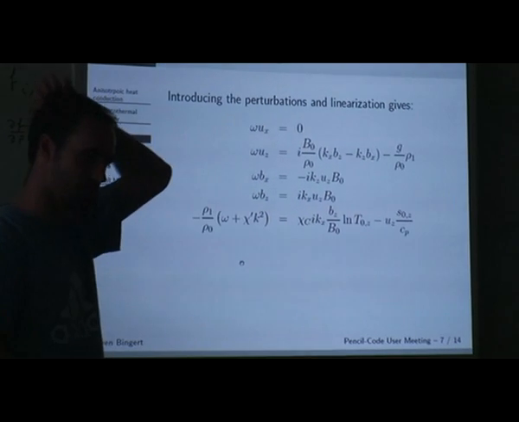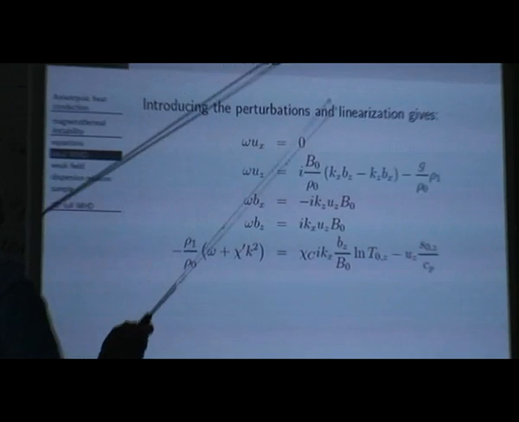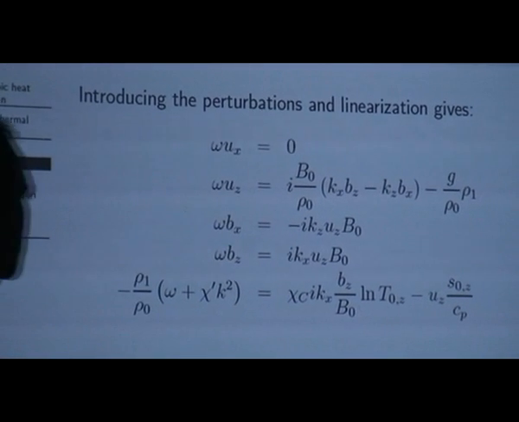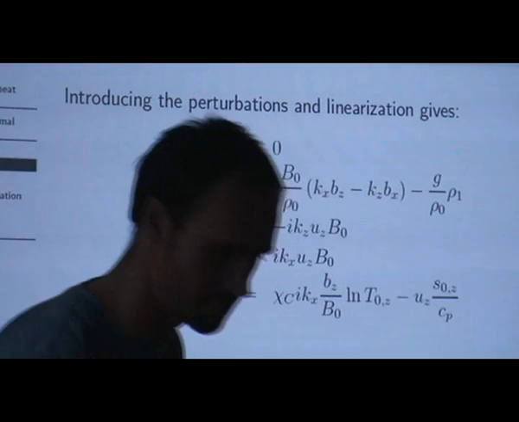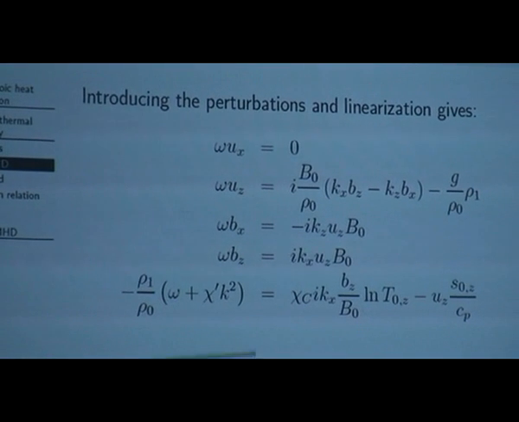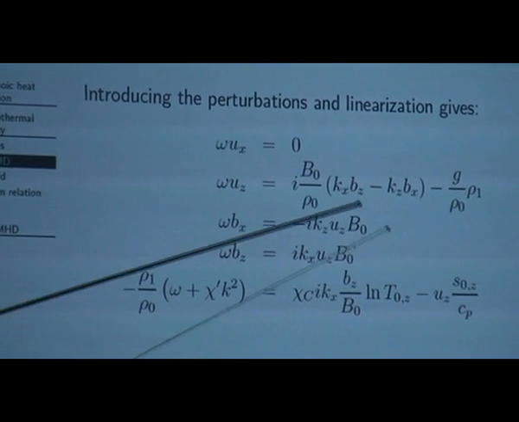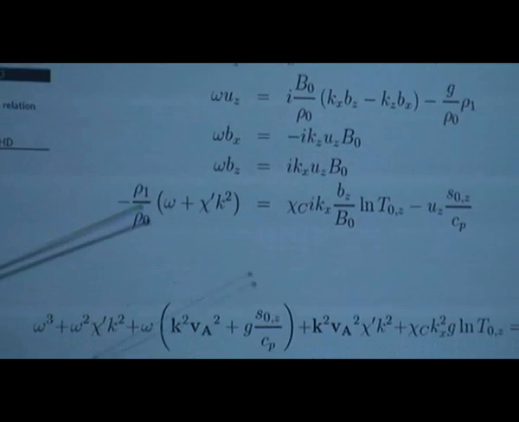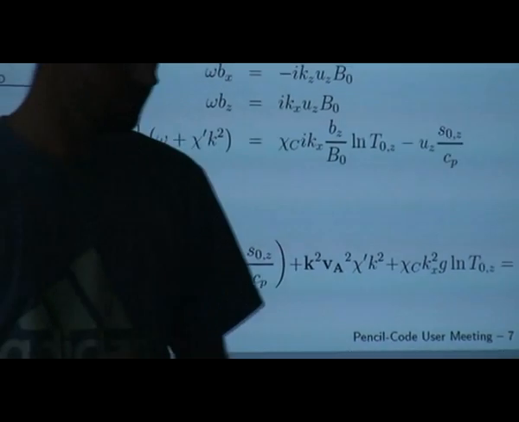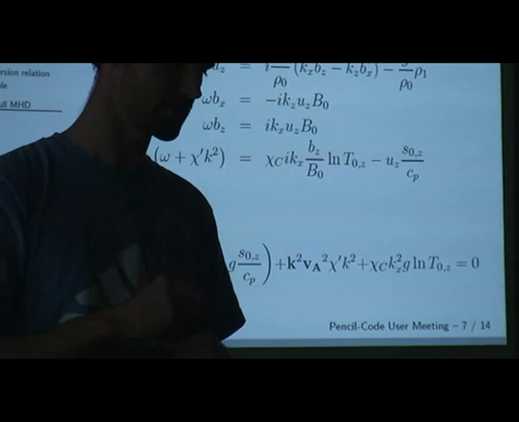Okay, you linearize the equations. You get these, with omega as frequency, and you get this set. You can try to solve it and get the dispersion relation, which looks like this. And I added the Alfvén speed, which you can get out of the B values, and it's quite difficult to analyze this one, but I only need a very weak field for these anisotropic heat conductors.